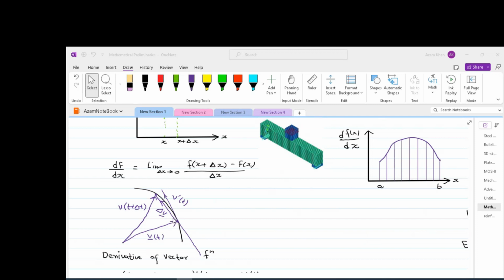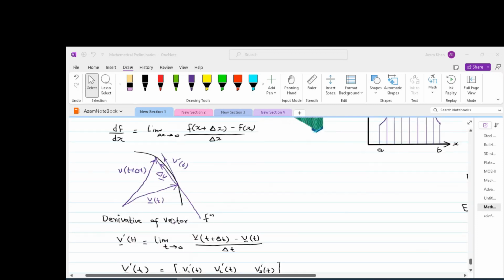Now we can write the vector differential as the vector v of t plus delta t minus v of t. Please note that v of t plus delta t is the resultant of v of t and delta v. These both are vectors. So delta v will be equal to v of t plus delta t minus the vector v of t.